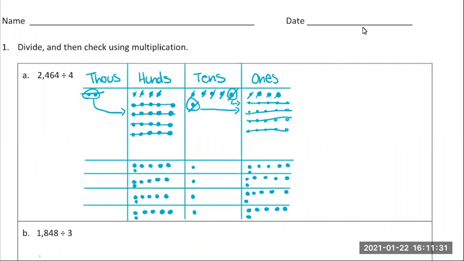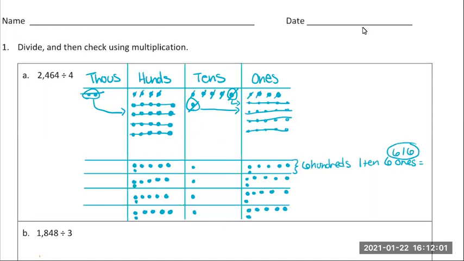So each of my groups has, do a little bracket. So I have in this group, I have 6 hundreds, 1 10, and 6 ones. So that equals 616. So 616 should be my quotient.